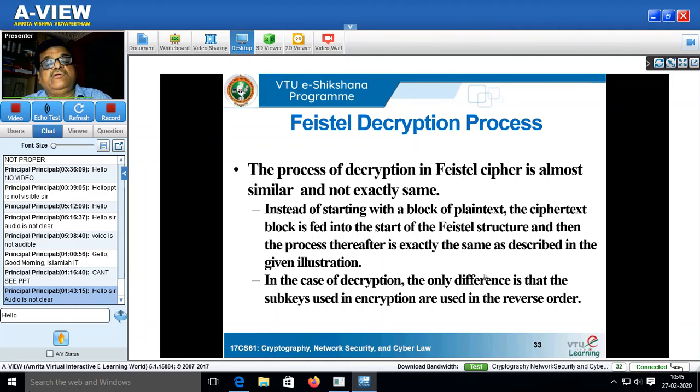We discussed DES, and then finally the Feistel encryption process and decryption process. That is the overall scope of today's discussion. With this, we come to the end of the session.